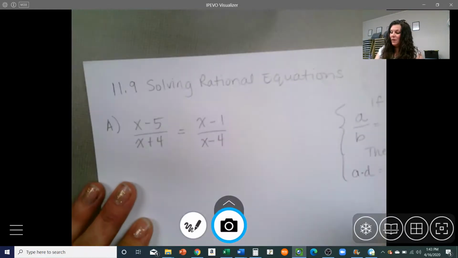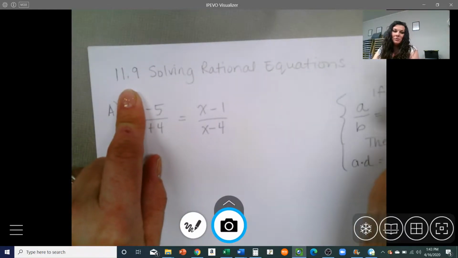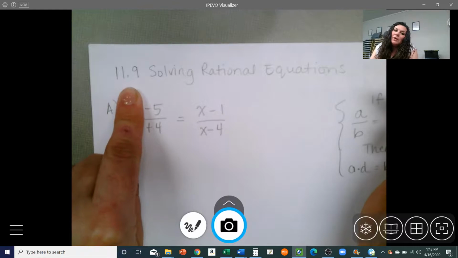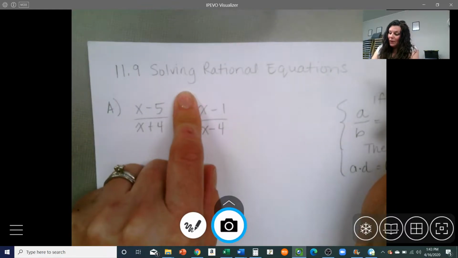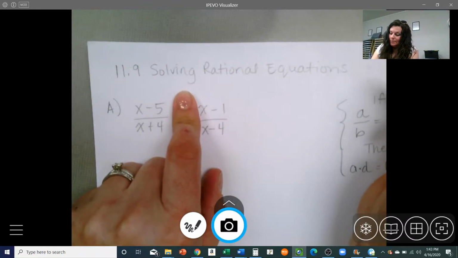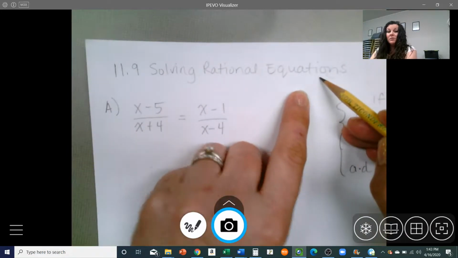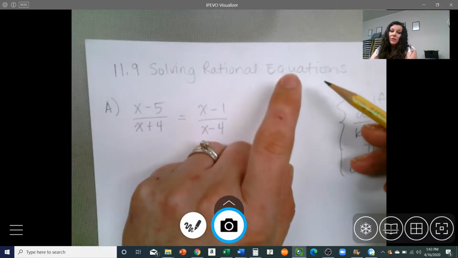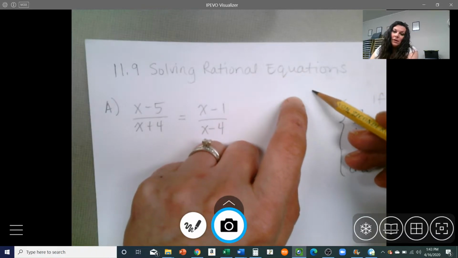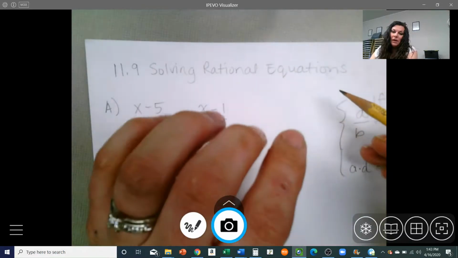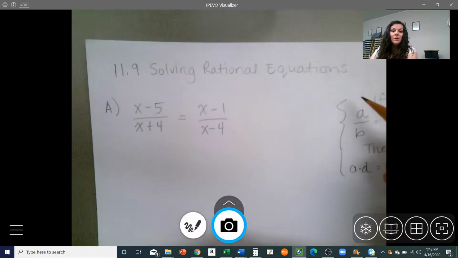Today we are working on Algebra 1, Chapter 11, Section 9, Solving Rational Equations. We learned how to simplify rational expressions, and in those, we had values that were excluded because they could make the denominator 0.